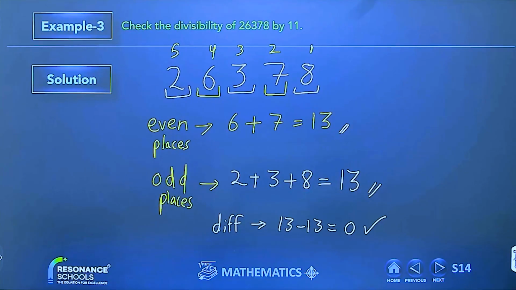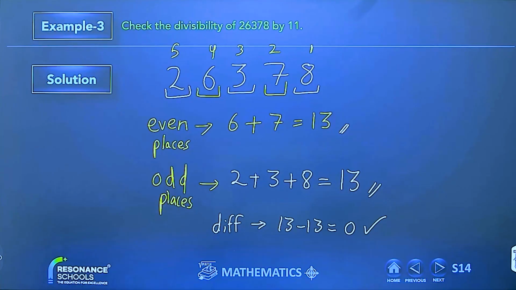It is not 16. 2, 3 and 8. Add it properly. Yes, Suraj, tell me the doubt. 2, 3 and 8. Add it properly. 13. Good. Now, what are the even places?